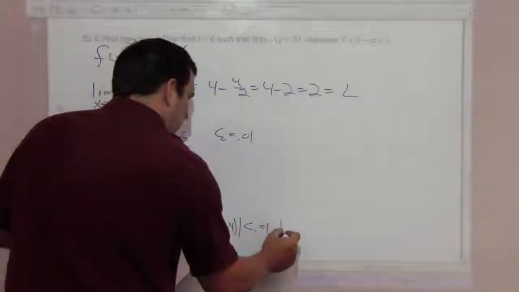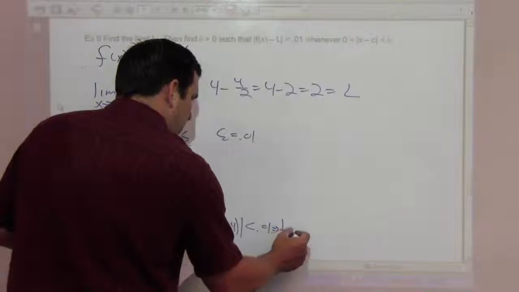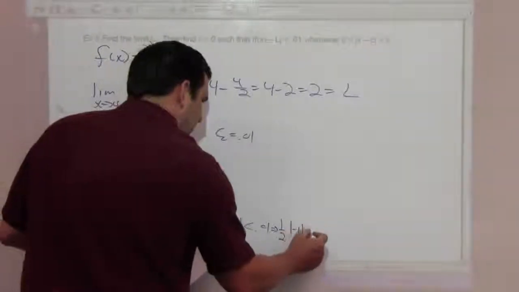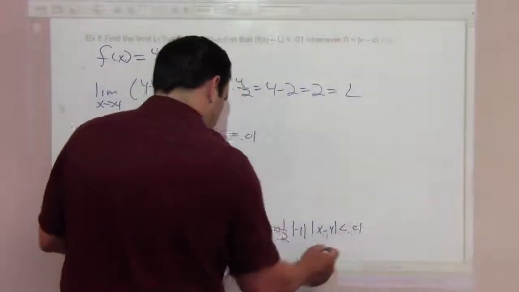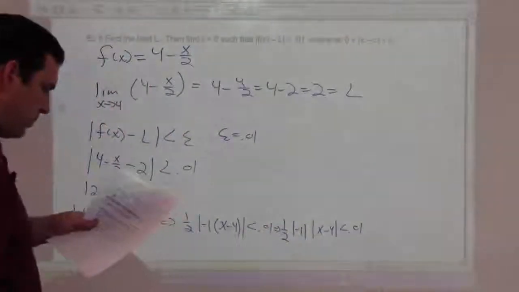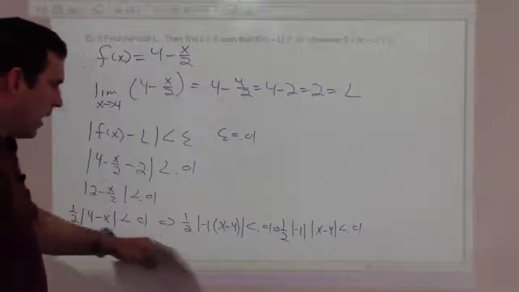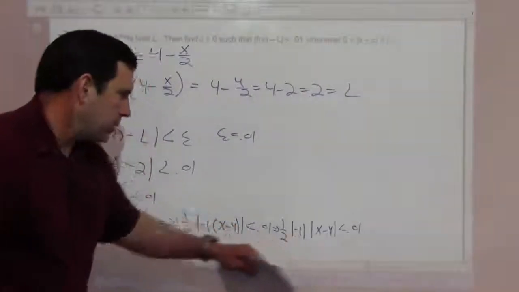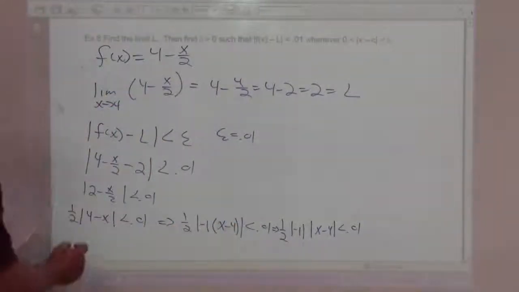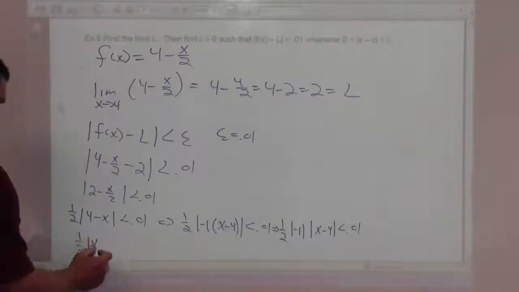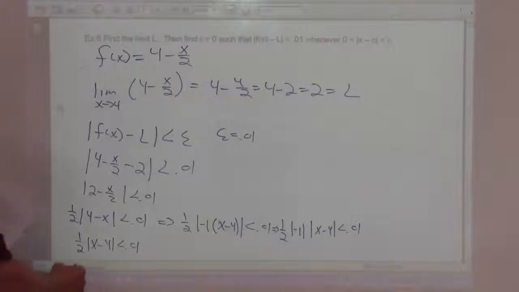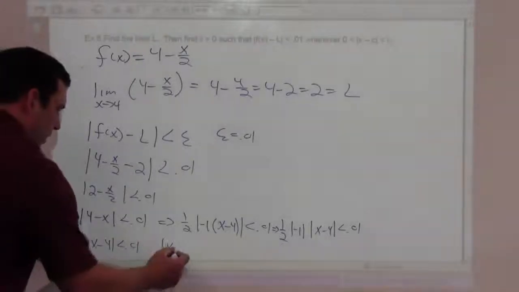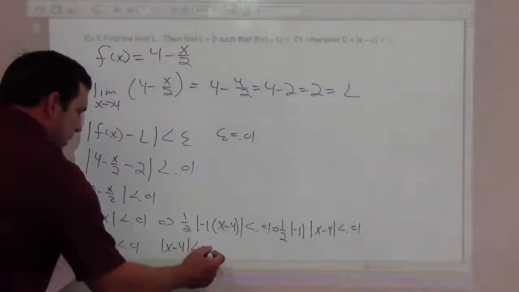So 1/2 times the absolute value of -1 times the absolute value of x minus 4 is less than 0.01. Absolute value of a -1 is just 1, so we can drop that out. So it's 1/2 times the absolute value of x minus 4 is less than 0.01. Solving for this, the absolute value of x minus 4 is less than 0.02.